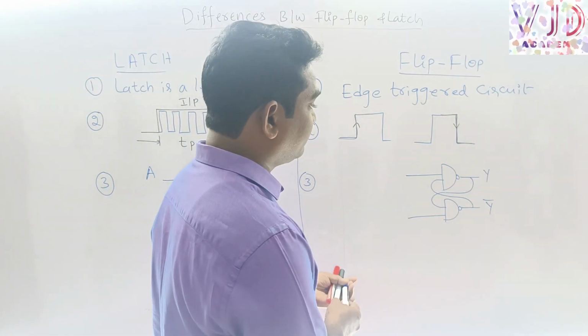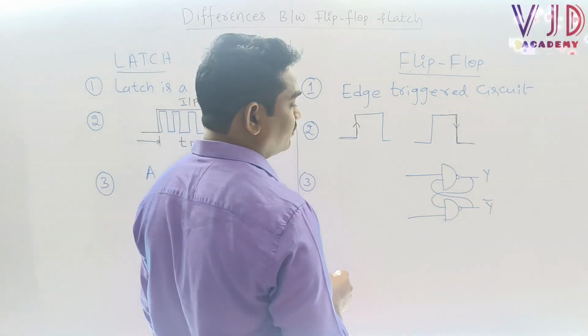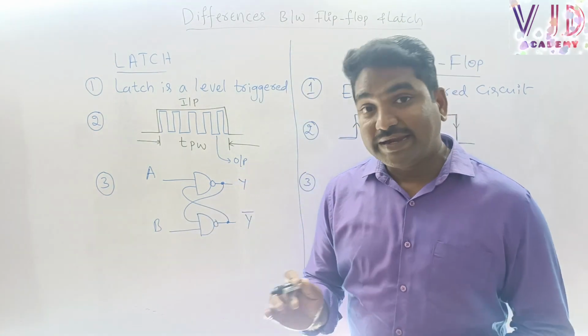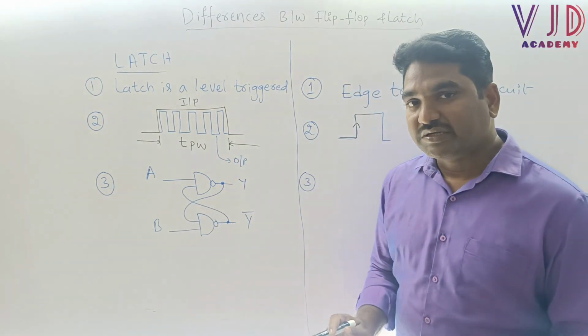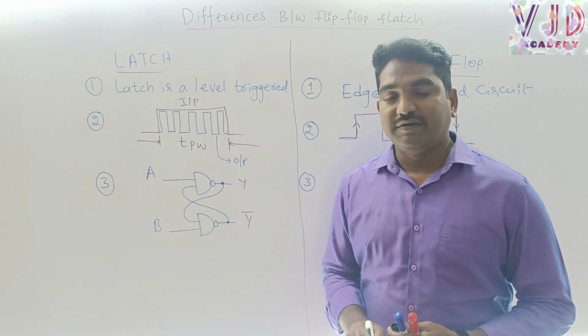If you're really asking me, sir, there is one steering circuit, one control circuit, one gate circuit. We are just placing it before the latch to get command over the output of the flip-flop.